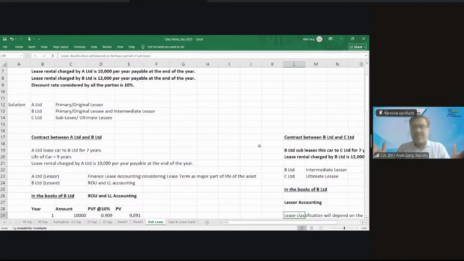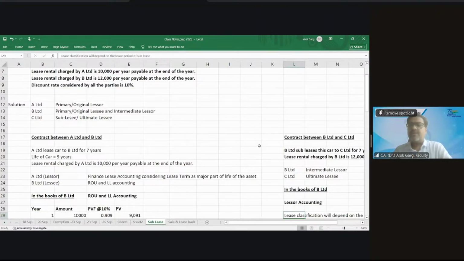So it's an altogether different set. For example, I am a trader. Let's say I have purchased goods, a mobile phone. I purchased this mobile phone at 50,000 rupees and sold it at 60,000 rupees to a small trader.